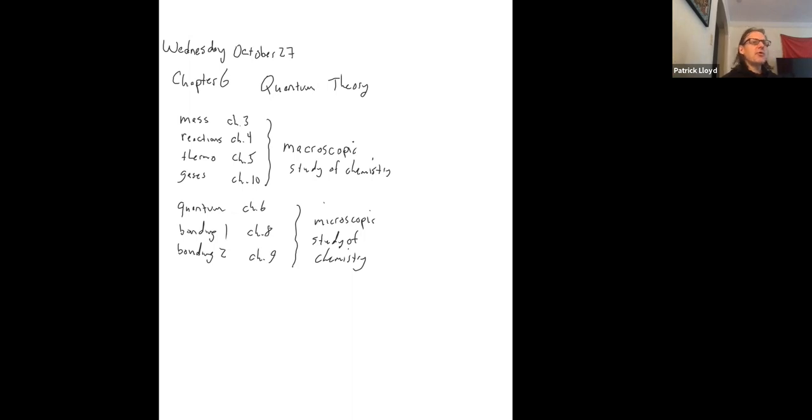And then as we think about waves, that's going to lead us into the electron. And since atoms are composed of nuclei with electrons, that's going to lead us into the structure of the atom. And then once we figure out what the electrons are doing, that'll allow us to start thinking about chemical bonding. So let's begin by talking about light.